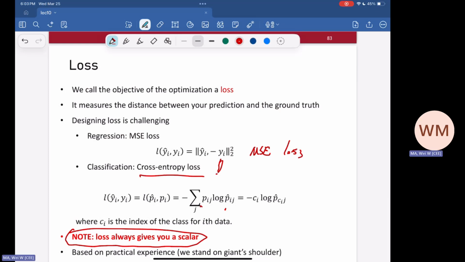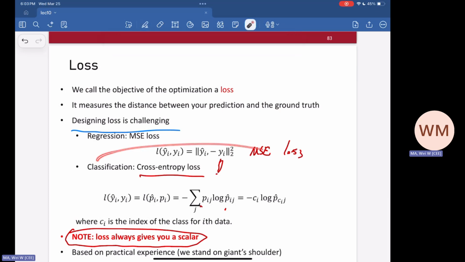So how do you define the loss? This is based on the task. Different tasks have different losses. In general, designing a loss is extremely challenging. For regression, everyone thinks this is good, so you just use that one. For classification, everyone uses this one.